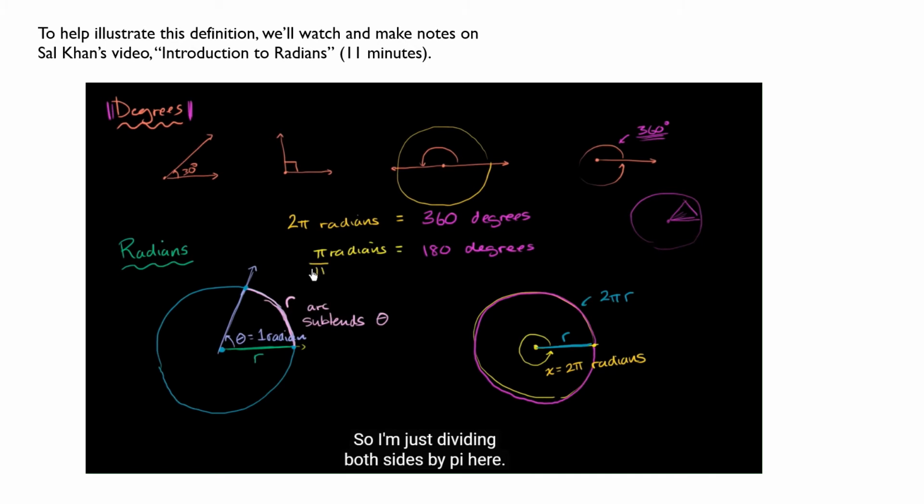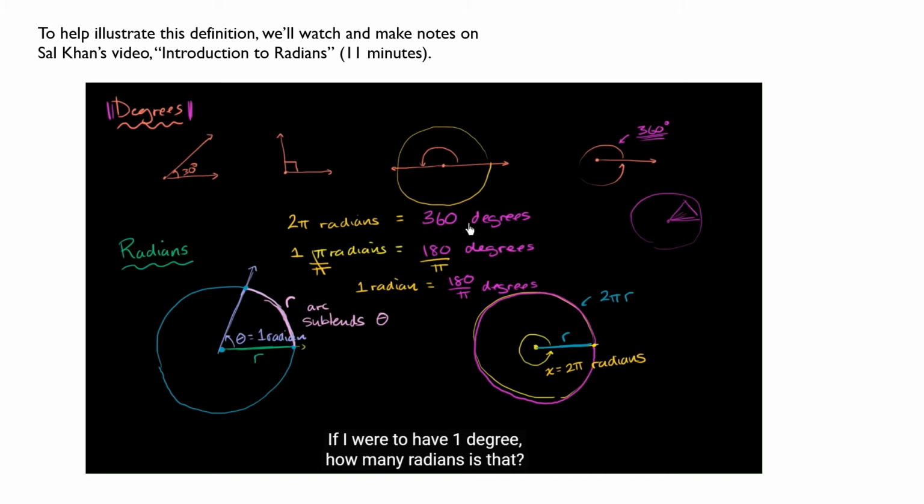On the left-hand side, you're left with 1 radian, and on the right-hand side, you're left with 180 over pi degrees. So 1 radian is equal to 180 over pi degrees, which is an interesting way to convert them. Let's think about it the other way.